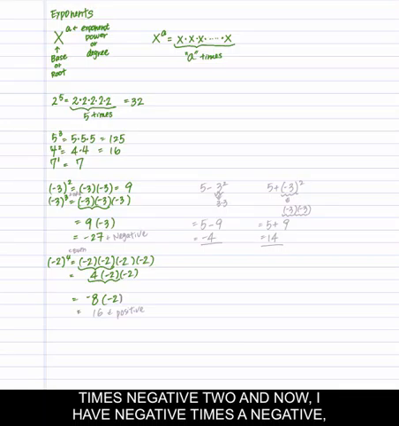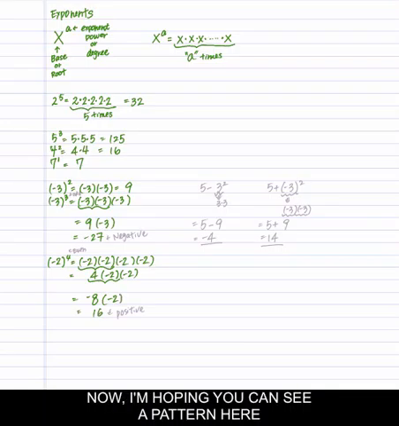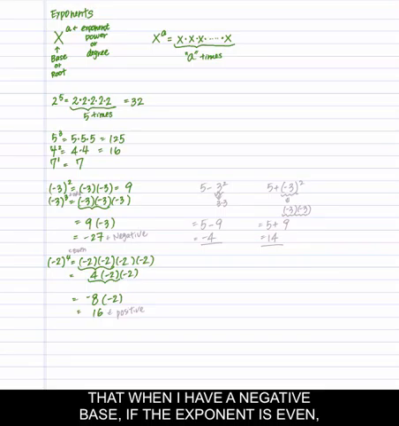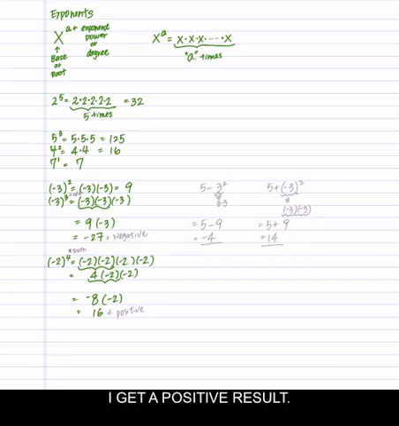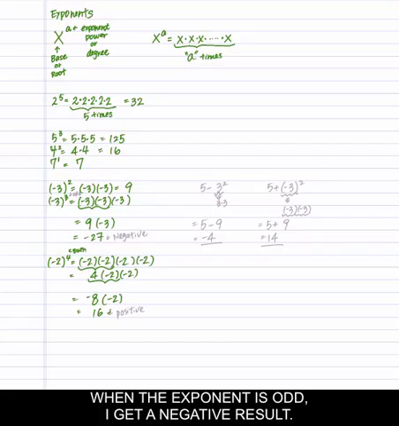And now I have a negative times a negative gives me a positive 16. Now, I'm hoping you can see a pattern here that when I have a negative base, if the exponent is even, I get a positive result. When the exponent is odd, I get a negative result.